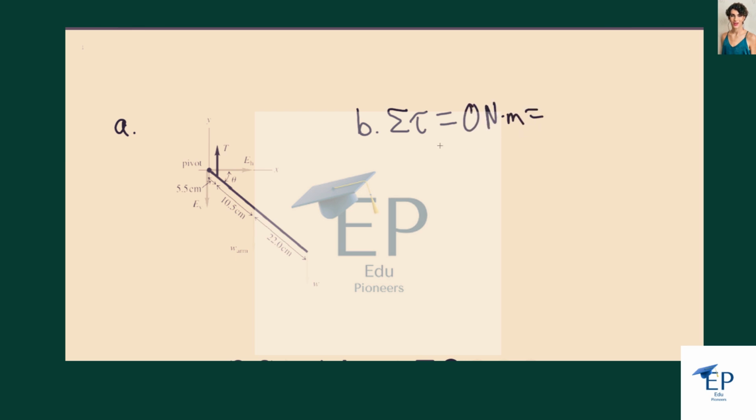And we can say that this is going to be equal to T cosine theta times 5.5 centimeters, the distance away from the axis of rotation, and then minus the weight of the arm times cosine theta again, times the distance from the axis of rotation. My apologies, this is actually centimeters.